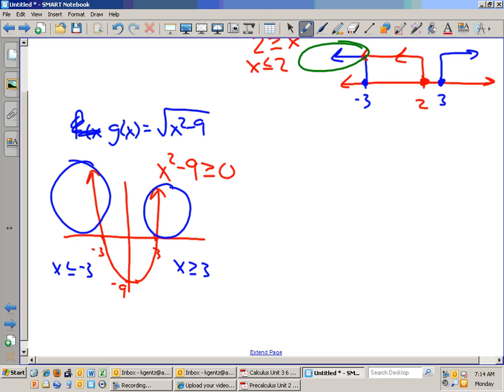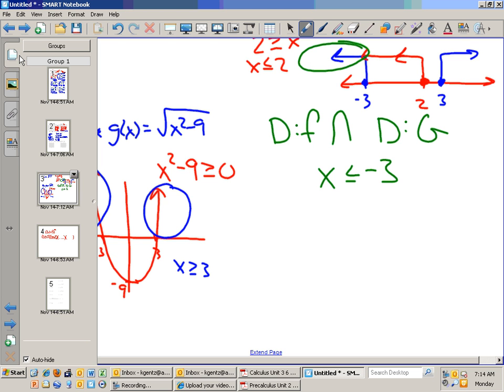So the domain of f intersects the domain of g where x is less than or equal to negative 3. That is the intersection.